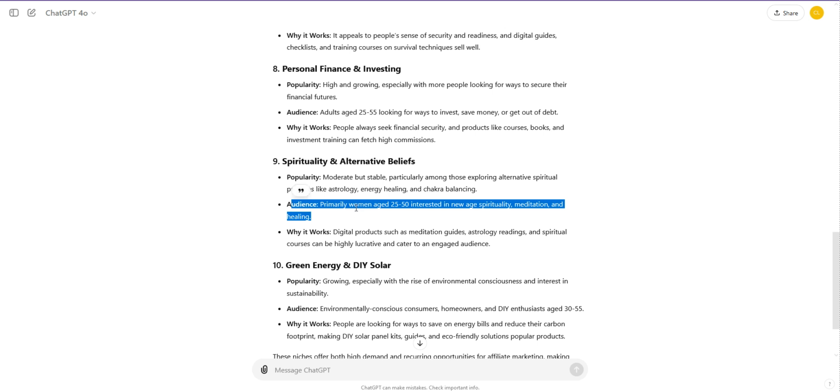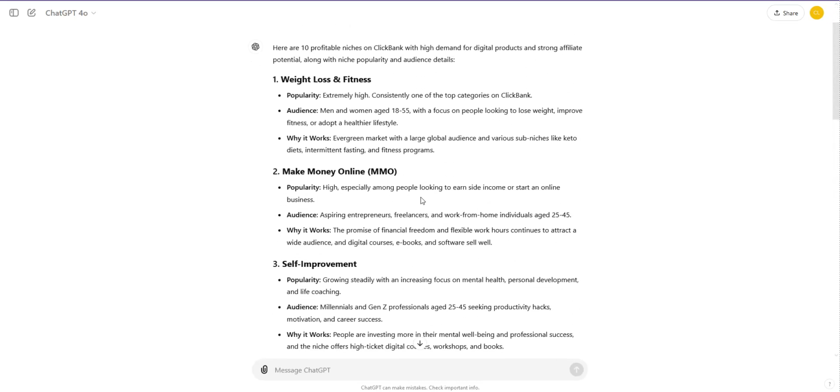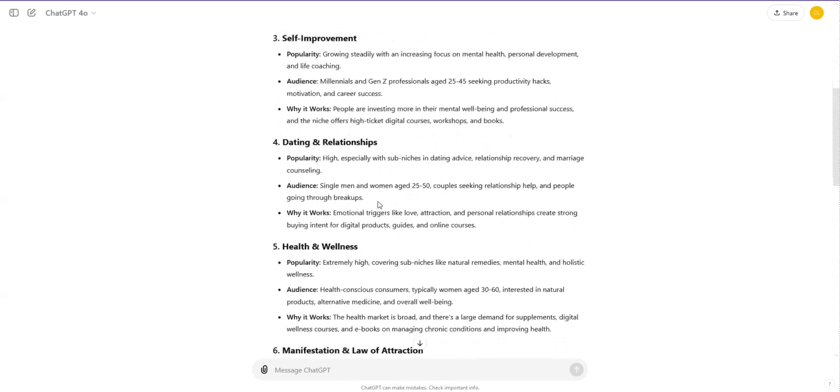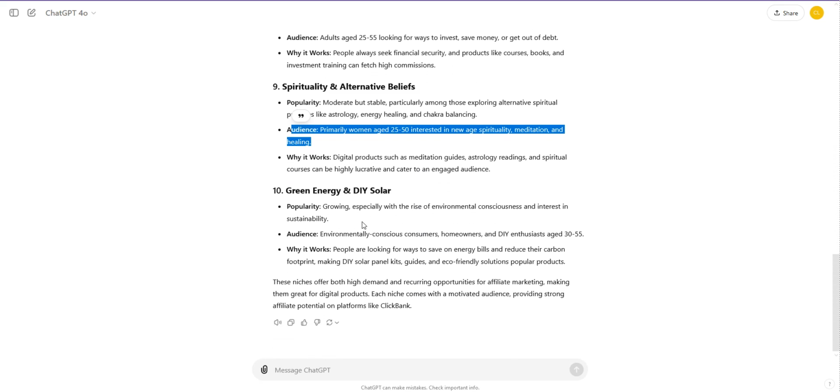You can see, okay, primary women aged 25 to 50, law of attraction, primary women aged 25 to 45, and so on. So you can see what it considers to be, out of these niche areas, the demographics, the audience, and then why it works. So if you look here, sub niches like keto diets, intermittent fasting and fitness programs. So we've got 10 really good bird's eye view niches. The next thing that we need to do is obviously pick a niche to go into, and I'll show you how to do that.